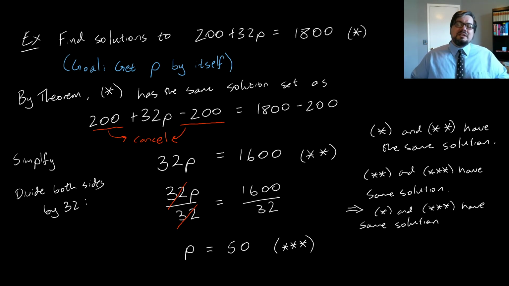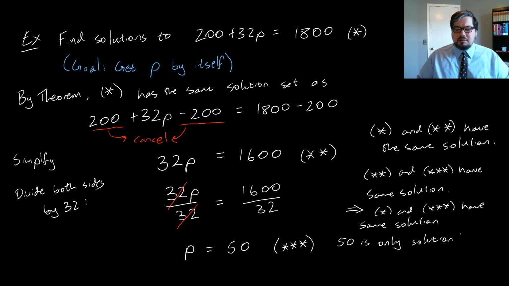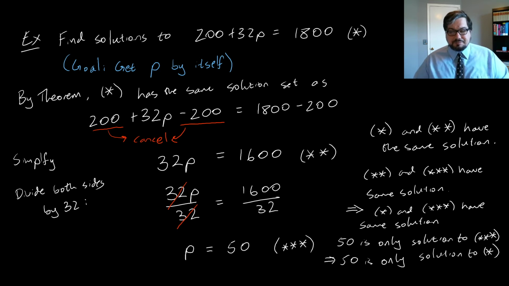And so the only number you could plug in for p in triple star that would make the equation true is 50. 50 is the only solution to triple star, and therefore 50 is the only solution to the original equation.